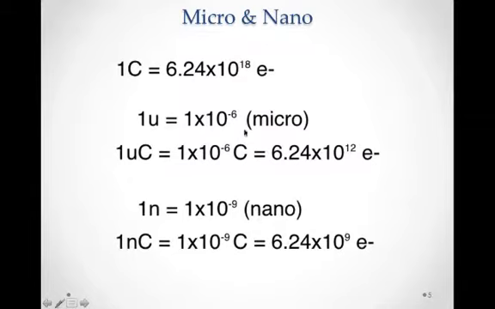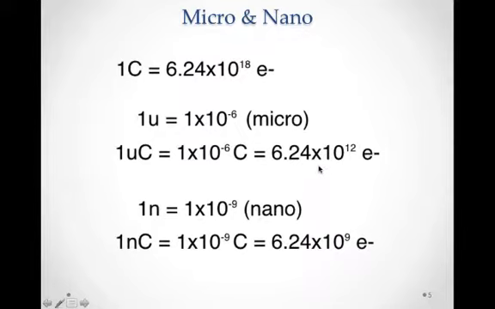And also we need to know a little bit about micro and nano. Because a coulomb is such a big amount of charge, we usually talk about microcoulombs and nanocoulombs. A micro is 1 millionth, or 1 times 10 to the negative 6 of something. In our case, charge. So 1 microcoulomb is 1 times 10 to the negative 6 coulombs.